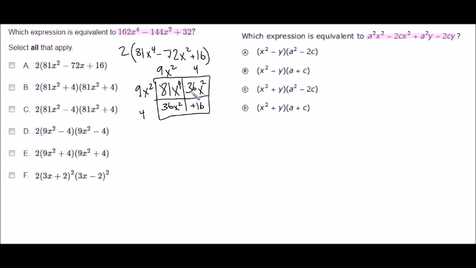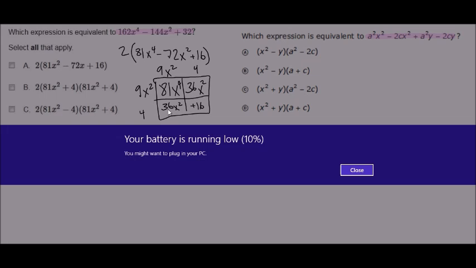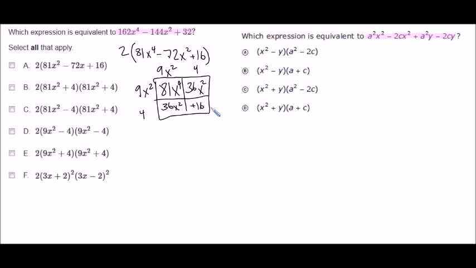So let's see. I've got to make both of these come out negative, and I know this has to be positive. So if I do this, my 36's become negative, my 16 stays positive. So I break this down to 2 times 9x squared minus 4, 9x squared minus 4.